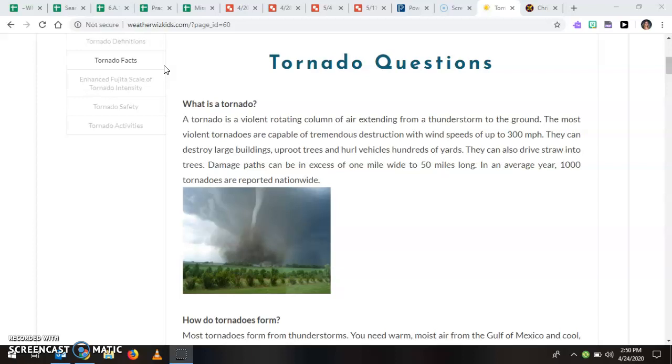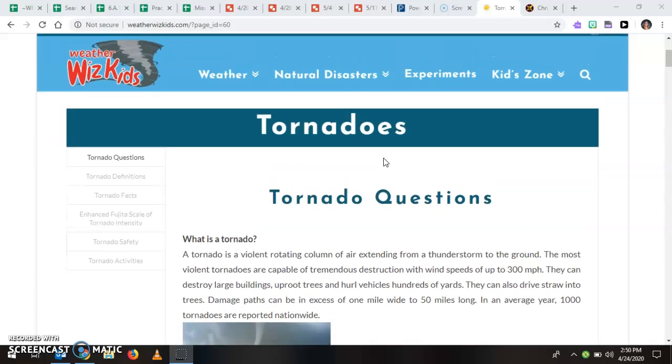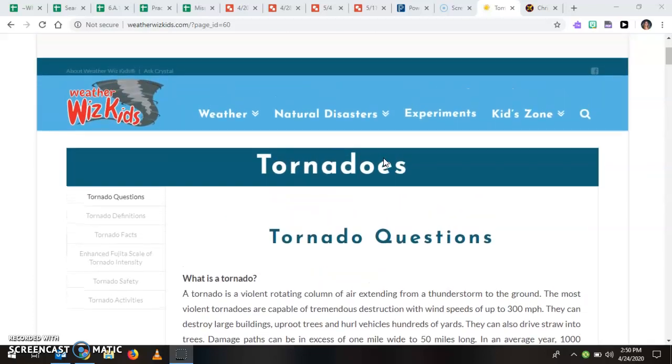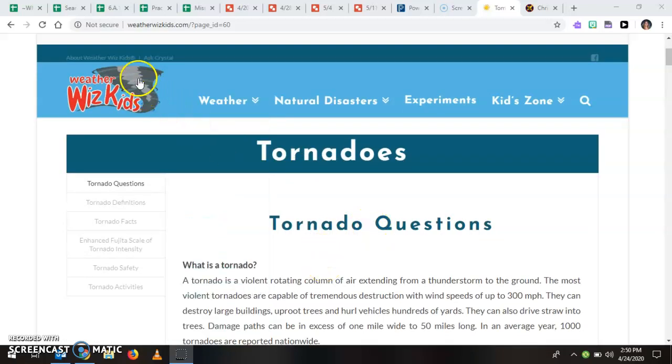Then we look at the authority, and this was the hardest part for a lot of people, was finding that author. And I did have a hint in there for the practice that you need to look for an about. So at the top here, we've got this little part that says about Weather Whiz Kids. And I believe it's also at the bottom too. If you scrolled all the way to the bottom, there is also an about.